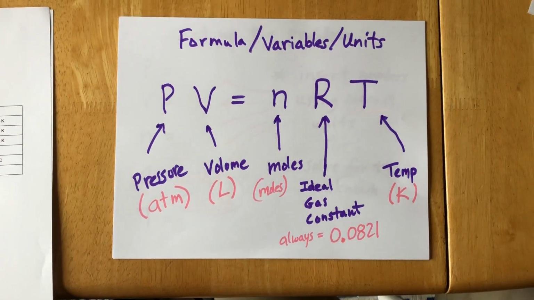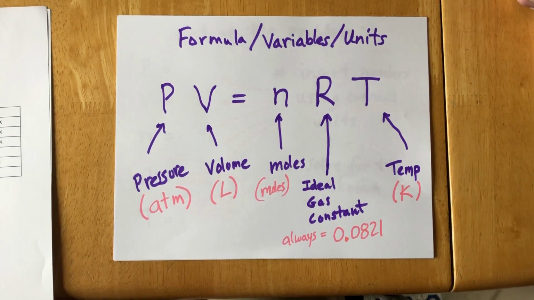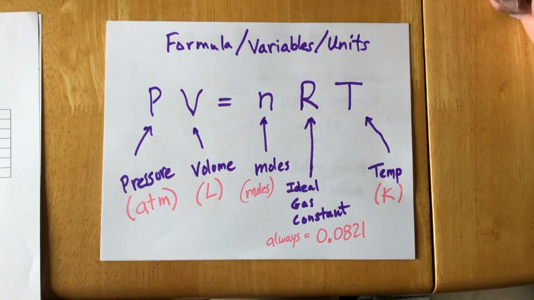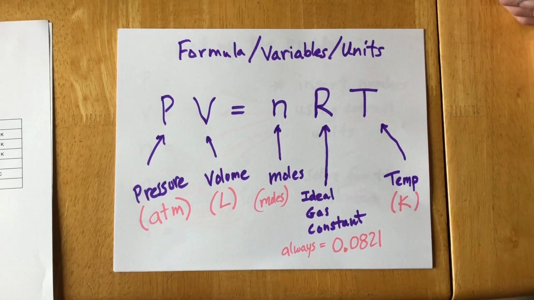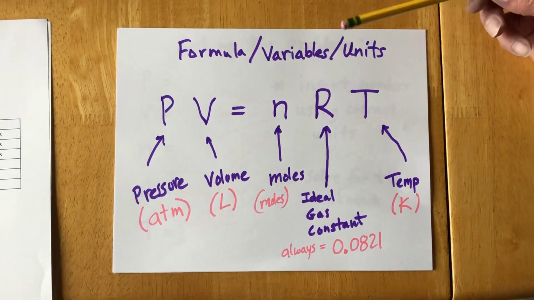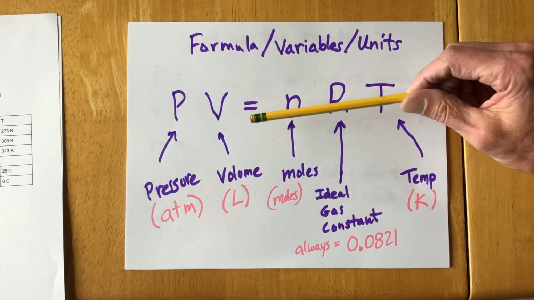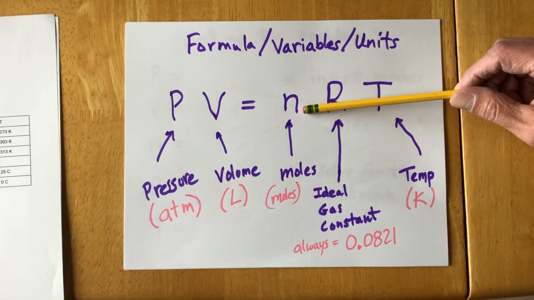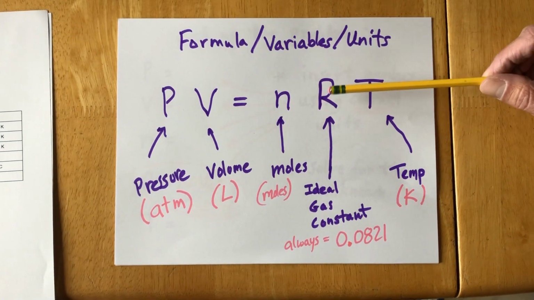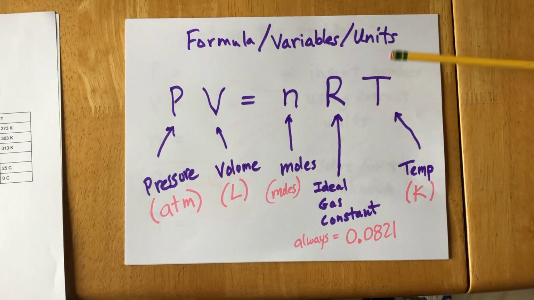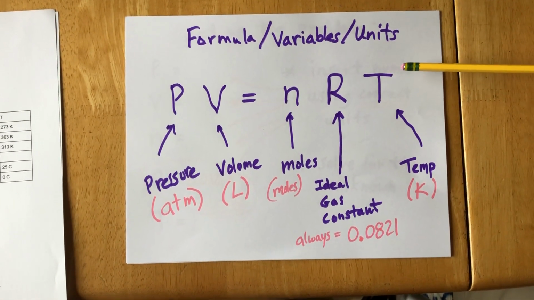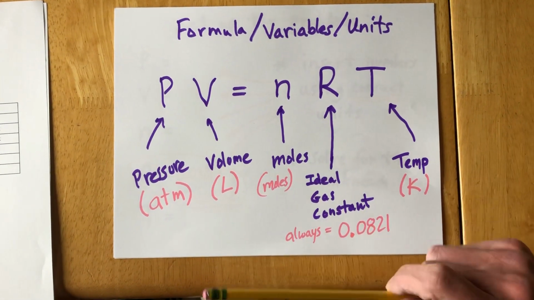Here we have the formula. It's PV equals nRT. P is pressure, V is volume, n is the number of moles, R is a constant, and T is the temperature. Be careful to get the units right.